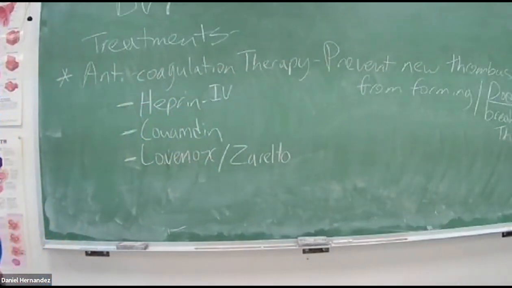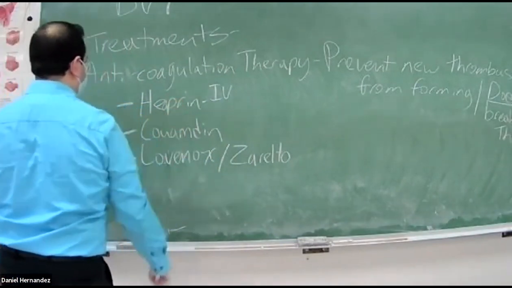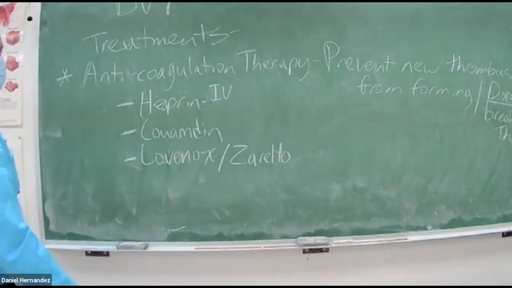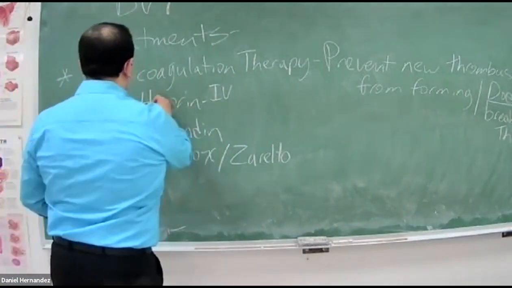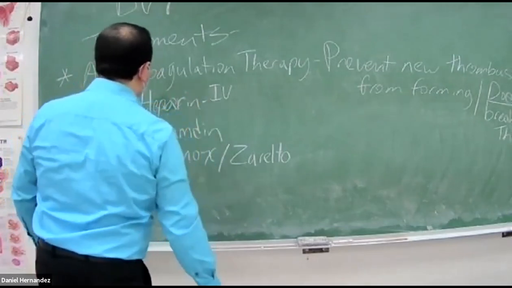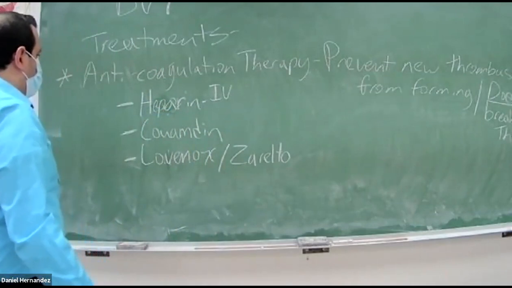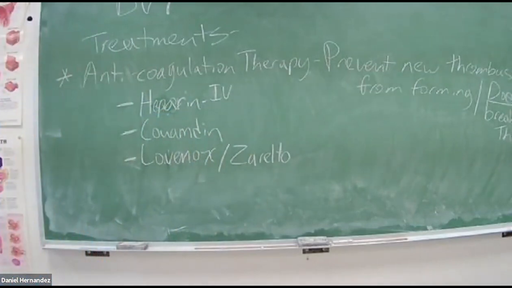What are the ones? Heparin. I'm spelling that wrong. Heparin, Coumadin, Lovenox, Xarelto. Those are the big ones.